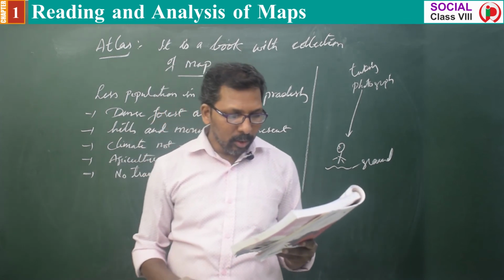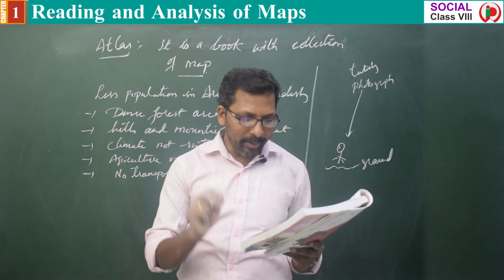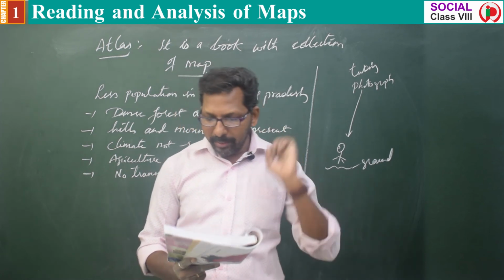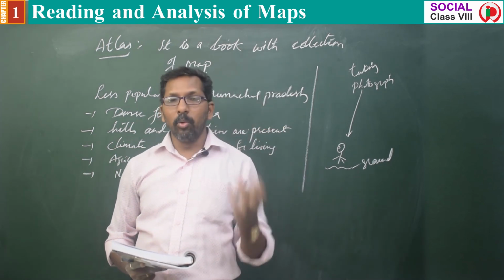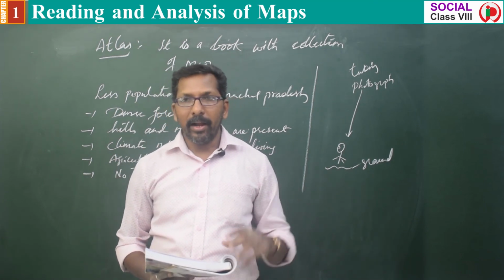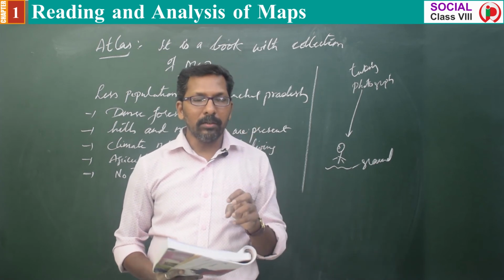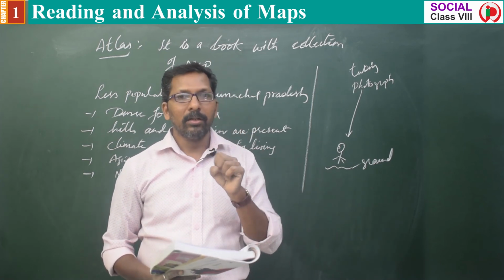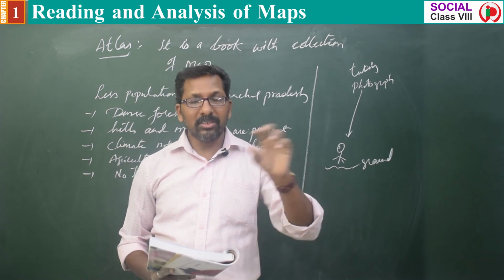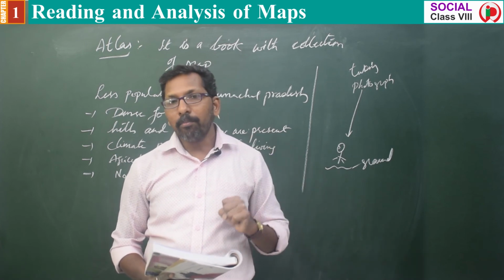In what ways were the maps prepared by the British different from one made by Ptolemy? Right, so Ptolemy used latitudes and longitudes, and that was quite an accurate one. He took all the information from the travelers, from the sailors, and based on that information, he prepared the map.